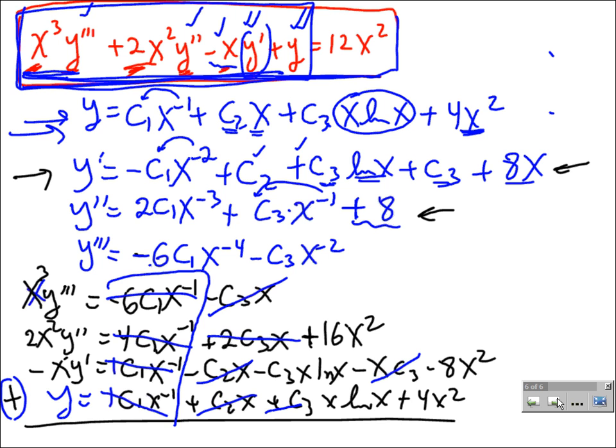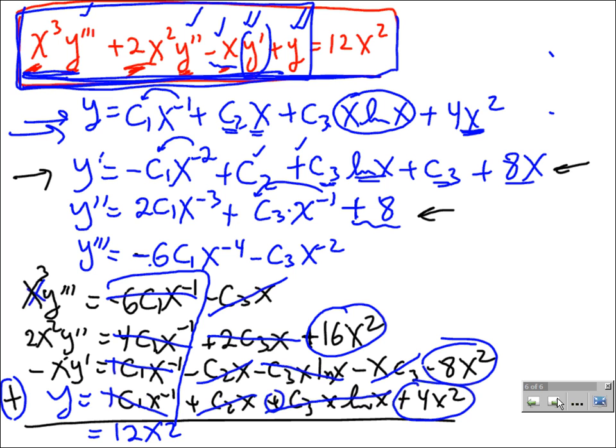I have c3x ln x, and then I'm taking away c3x ln of x. Well, that cancels. Looking good. I have 16x squared, and I take away 8x squared. That leaves me with 8x squared. And then I add 4 more, I get 12x squared. Just like I was supposed to.